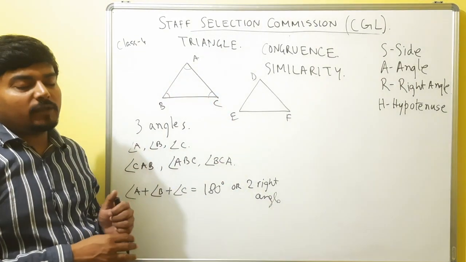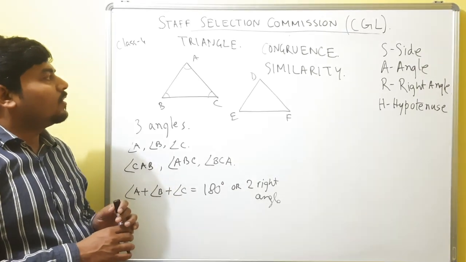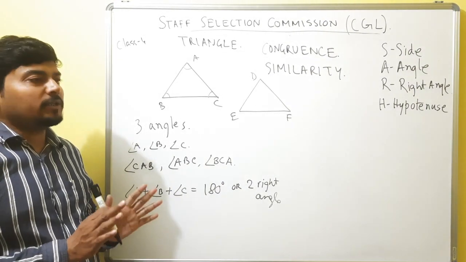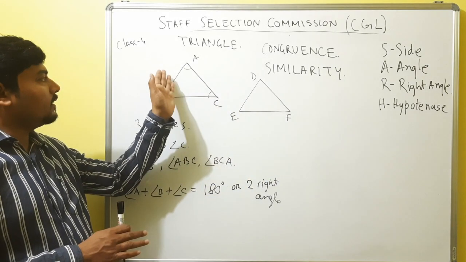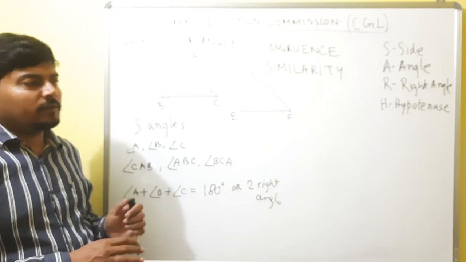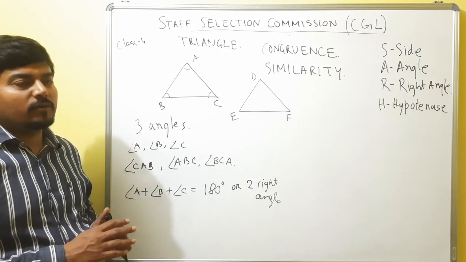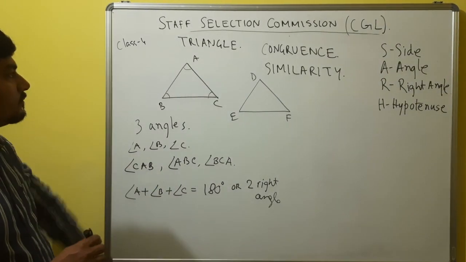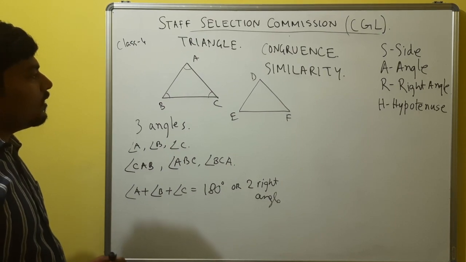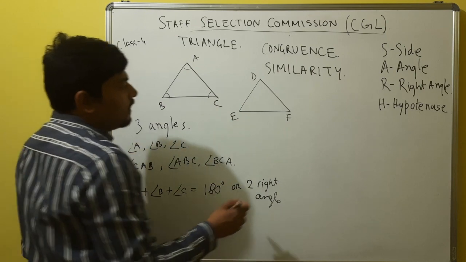Two triangles are going to be congruent when those two triangles are equal in each respect. Their corresponding arms are the same, their corresponding angles are the same, everything is the same, their area, everything. So that is called congruence.